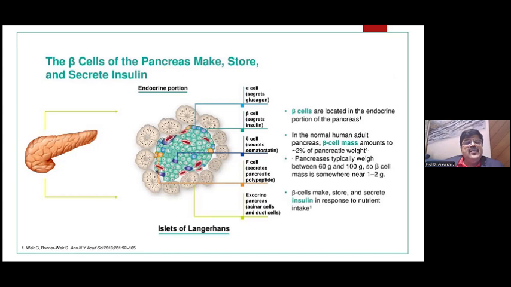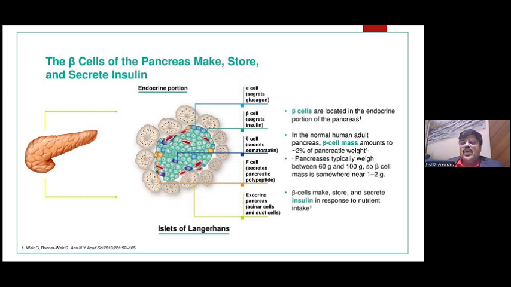We can see from the left hand side the pancreas, and if we take the center, that is the endocrine portion, we have alpha cells which secrete glucagon, beta cells secrete insulin, delta cells secrete somatostatin, F cells secrete pancreatic polypeptide, and the exocrine mass, that is acinar cells and the duct cells.